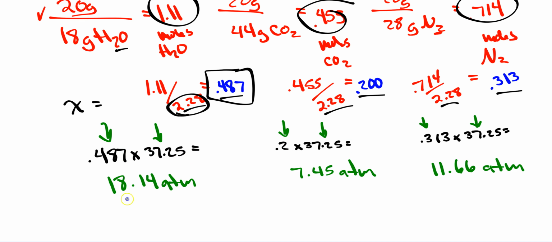So in this container, 18.14 atm of pressure is coming from water, 7.45 atm is coming from CO2, and 11.66 atm are coming from N2. So that's partial pressure problems. Hopefully that was a fairly understandable problem.